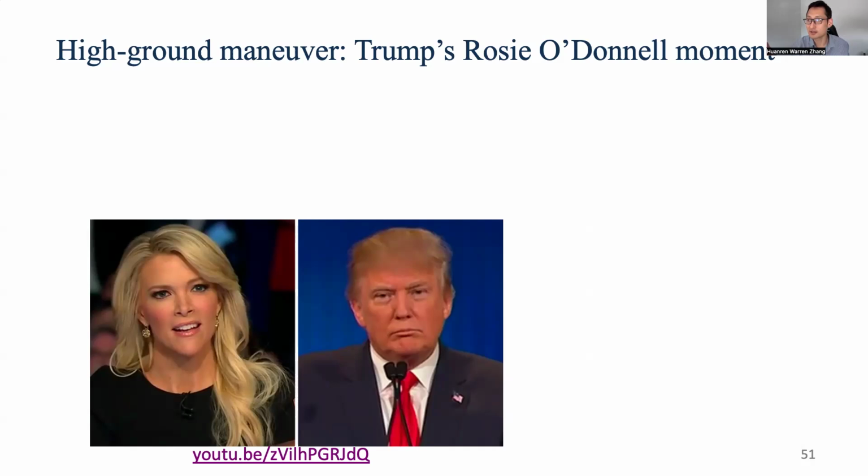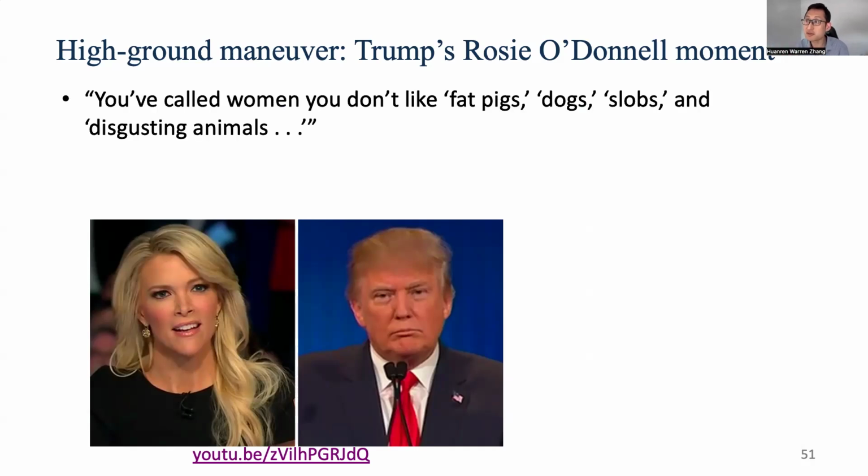So here is just one example, and later we'll have another example demonstrating how Trump has used this high ground maneuver to exert huge influence on the audience. Here is a debate with Megyn Kelly. Kelly asked a very tricky question, demonstrating the criticism many people have towards Donald Trump.